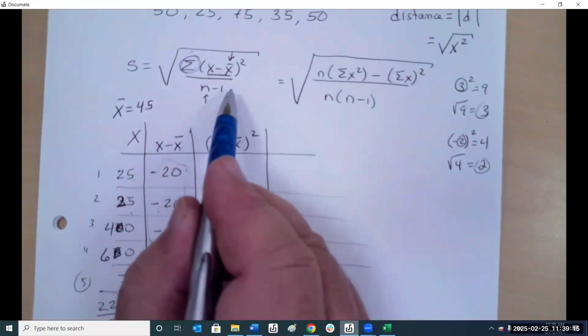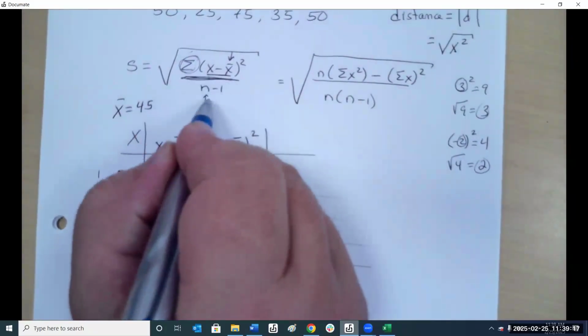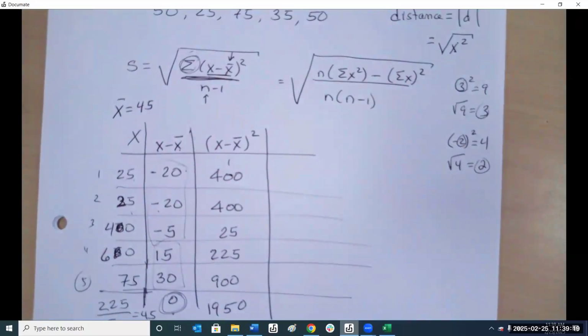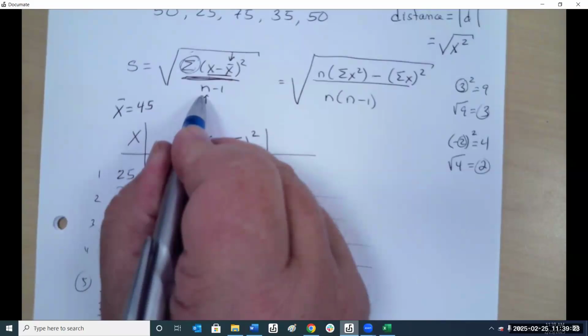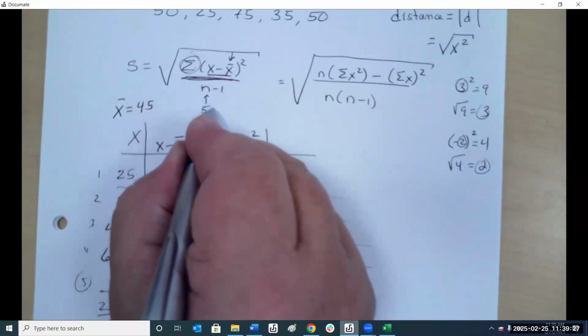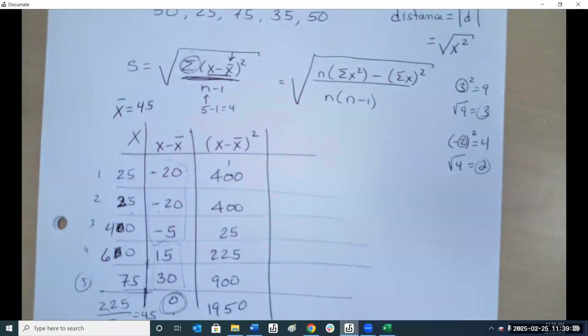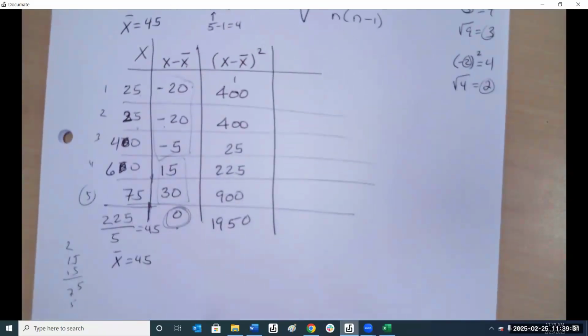So in our formula, the next thing we have to do is we have to divide by n minus 1. What's n represent? Yeah. So n is 5. So 5 minus 1 is 4. So now we have to take this number and divide by 4.